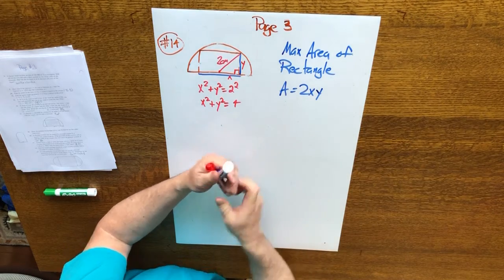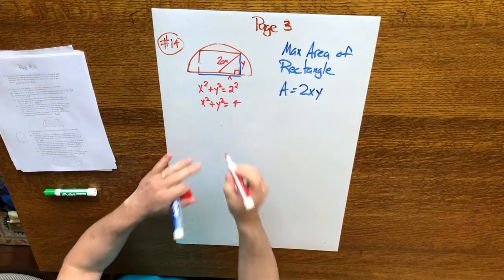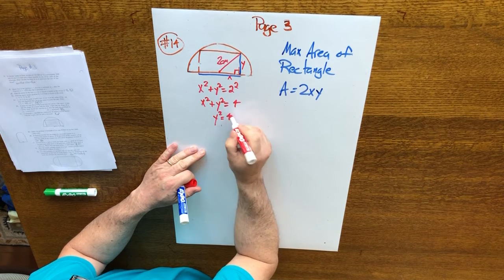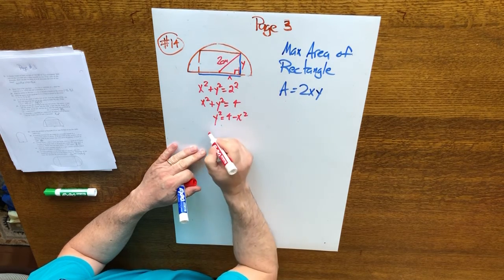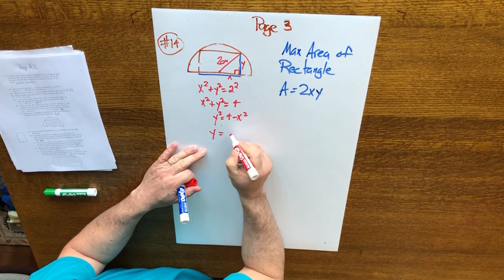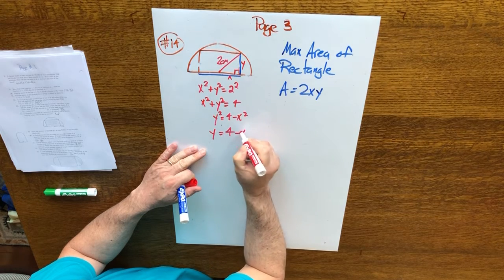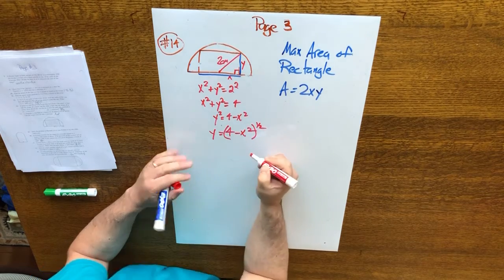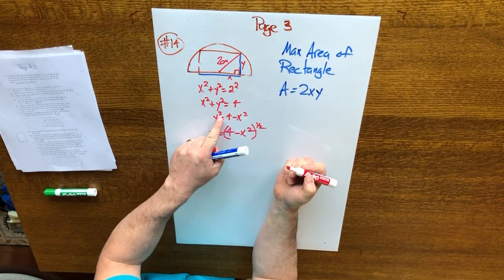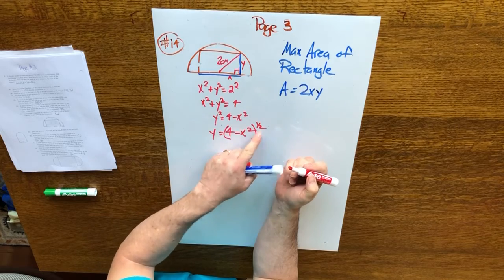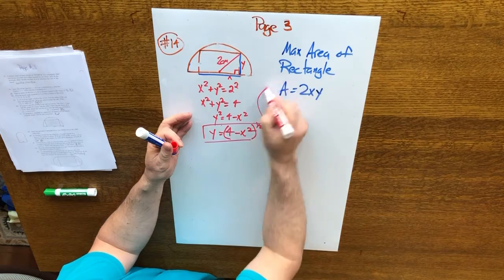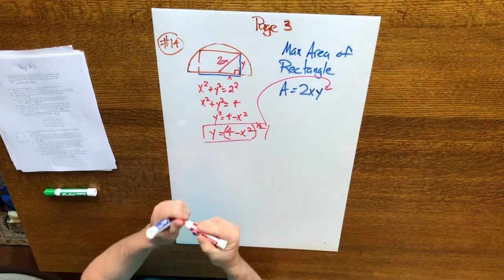So let's see what happens if we solve for y. We would say y squared equals 4 minus x squared. So y is equal to 4 minus x squared square rooted, or to the exponent 1/2. So squared on this side becomes square root on this side. Take this known relationship and plug it in there for y.